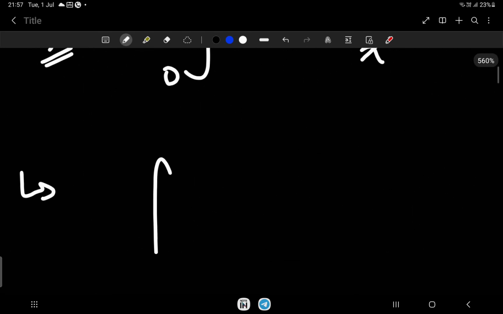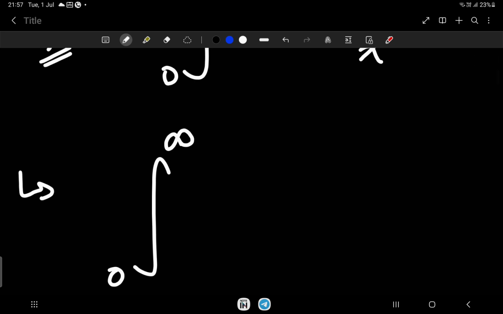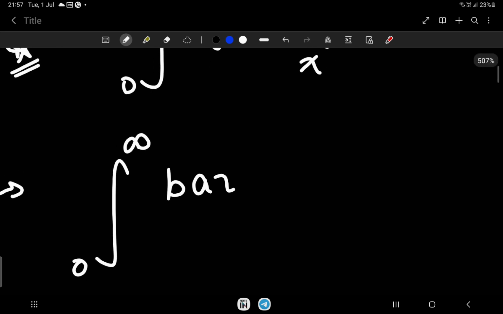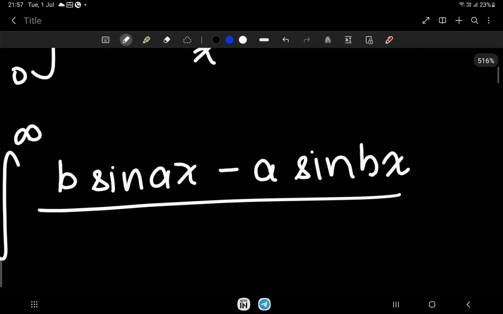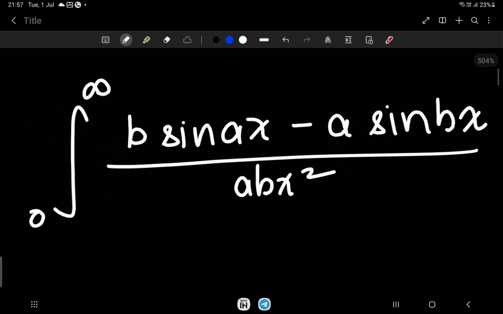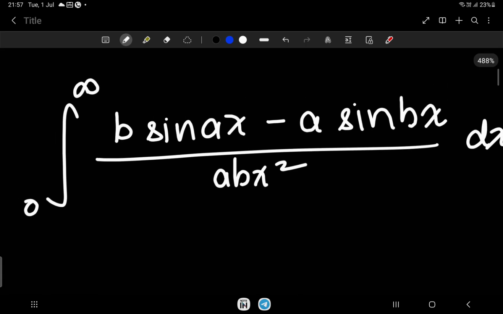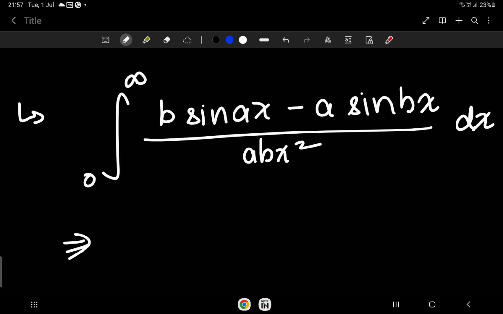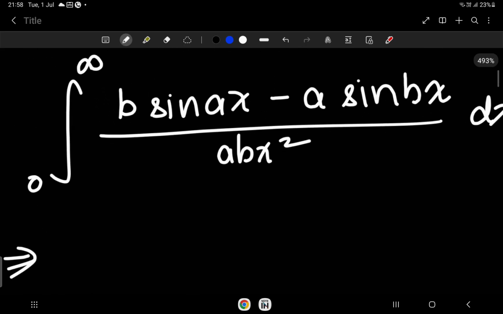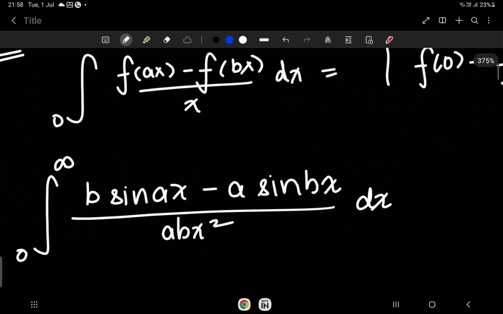So let's see a question regarding the Frullani's integral. This is the question. Now how are we supposed to solve this using the Frullani's integral technique?